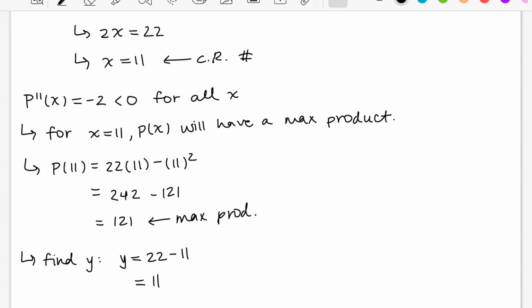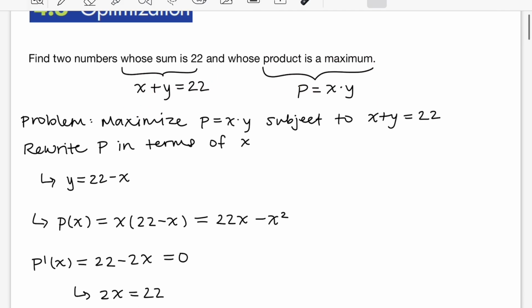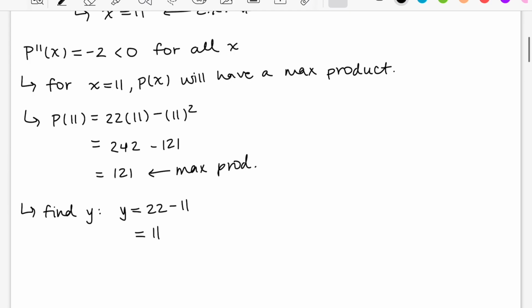This tells us that the two numbers whose sum is 22 and whose product is a maximum are just going to be 11 and 11, and that maximum is in fact 121. So we can conclude that the two numbers described in the problem are x equal to 11 and y equal to 11.